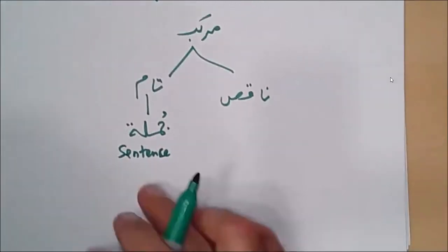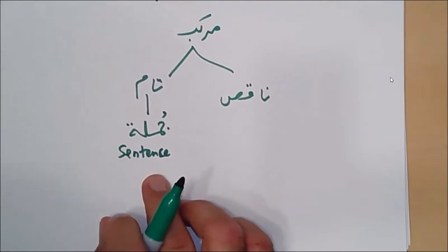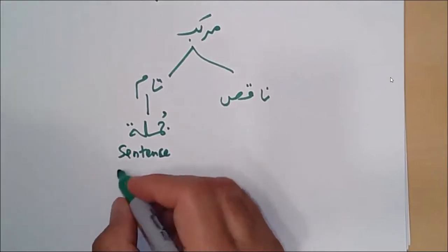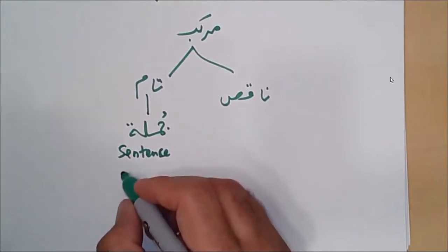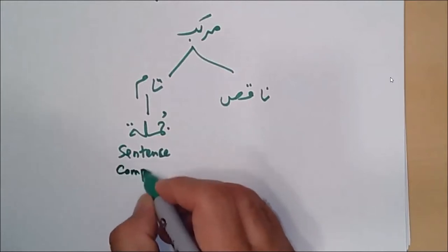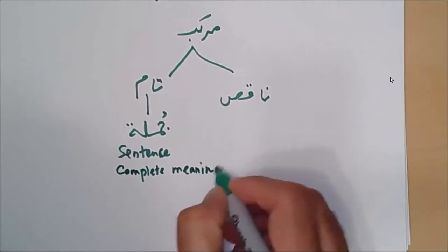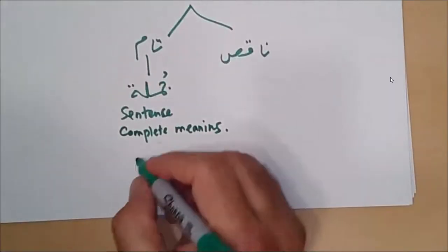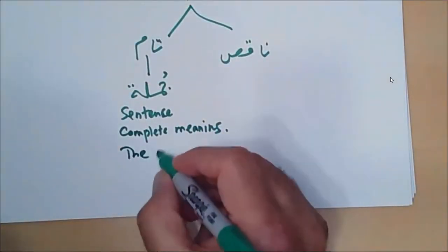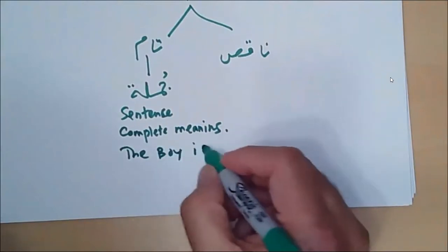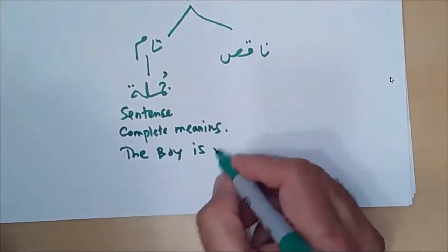When you think of a sentence, you know that whatever we are saying has a complete meaning. For example, I can say, the boy is righteous.